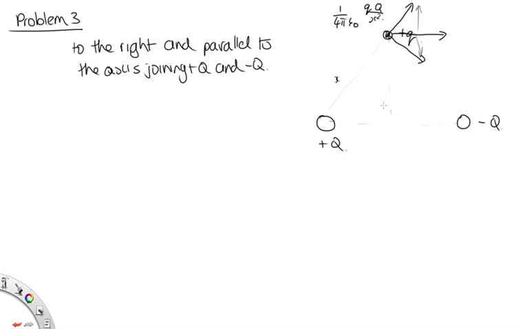We could actually work out its magnitude as well, as we know this is 60 degrees as it's an equilateral triangle. So this is 60 degrees and this is 60 degrees.